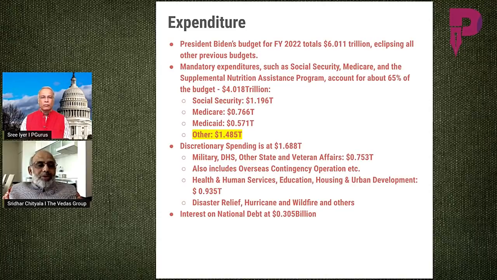This 1.485 trillion, which is a big number, a significant part of the mandatory budget, includes things like tax credits, unemployment benefits. It also includes the Supplemental Nutrition Assistance Program. Because of the impoverishment during COVID, you saw the SNAP program increase.